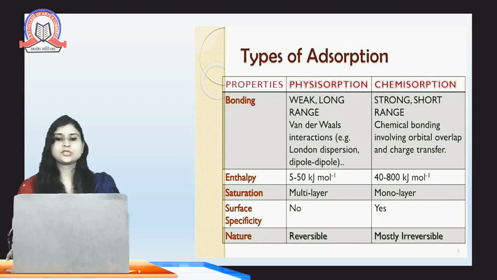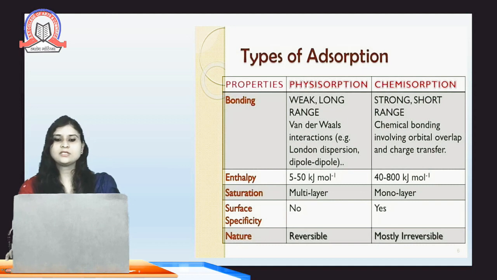Now saturation. Physisorption is multilayer, meaning many van der Waals forces of attraction can be formed and many layers can be formed in this process. But in chemisorption, as bond formation is taking place, it is monolayer.